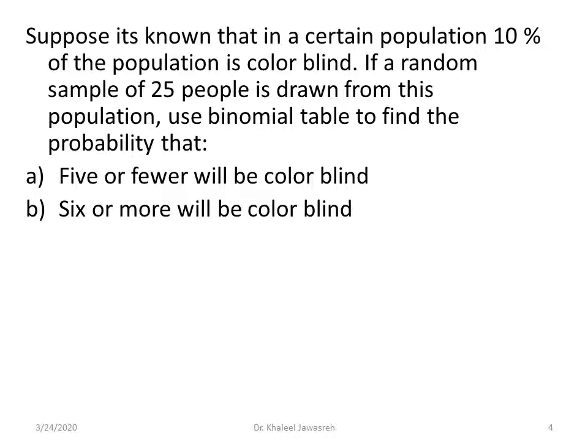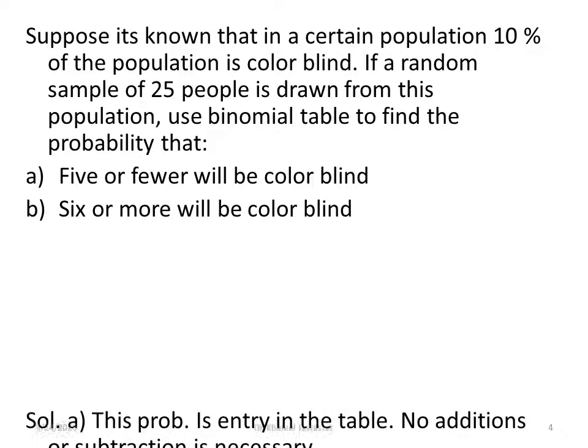If we pick 25 randomly from this population, what's the probability that 5 or fewer will be colorblind? The second question: from those 25 people, 6 or more will be colorblind. We need to solve this example by using the binomial table.